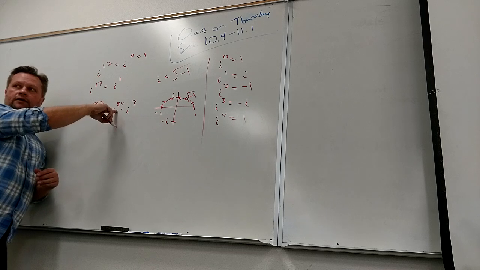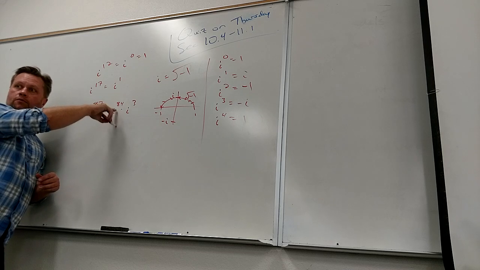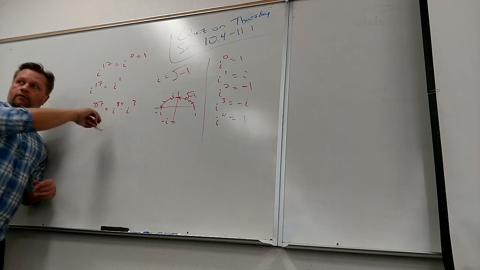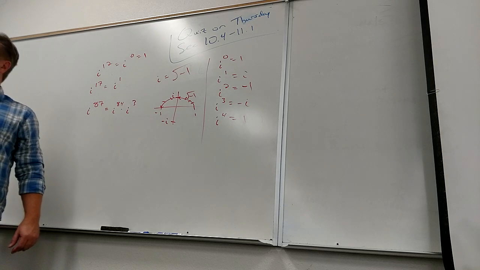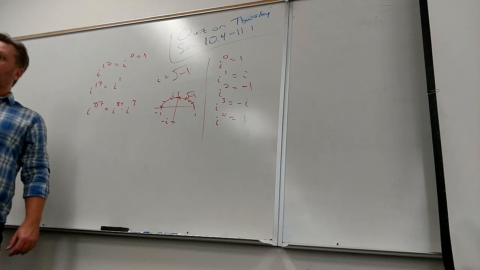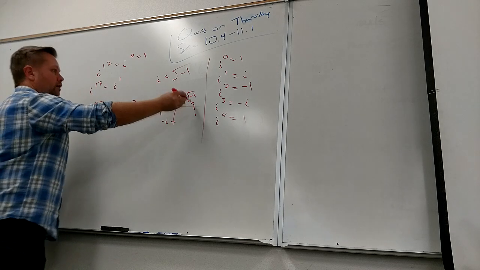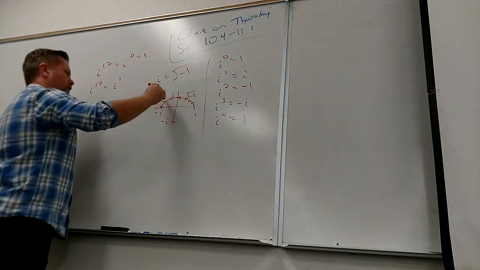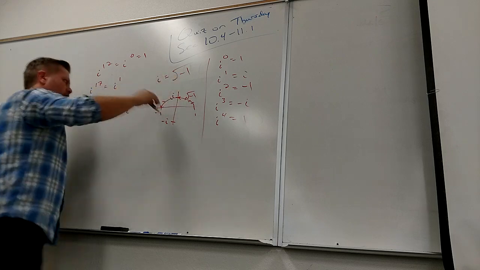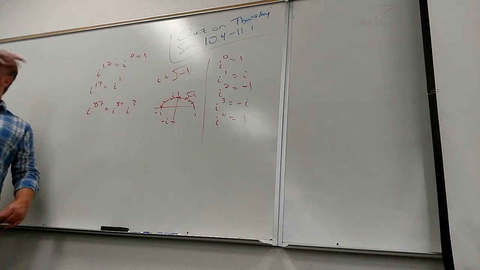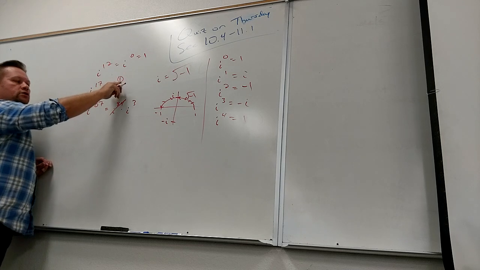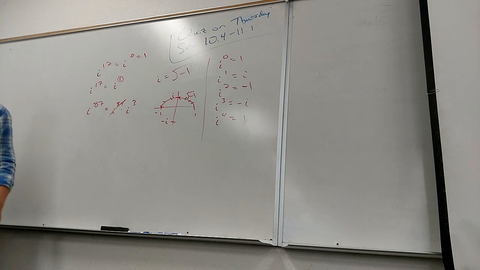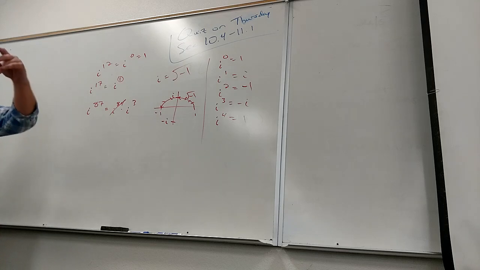So what's i to the 84th power? 4 goes into it, so what's i to the 84th power? 1. Every fourth one, it's 1 again. Why? Because it comes every fourth. 1, 2, 3, 4, 5, 6, 7, 8, 9, 10, 11, 12, up to 84. So it's going to be 1 again. So that's why it's always equal to i to the remainder after you divide by 4. When you divide by 4, you're dividing out all those complete terms, right?